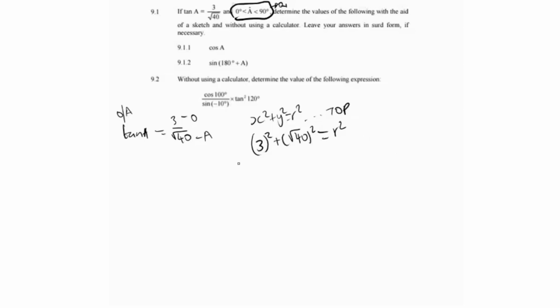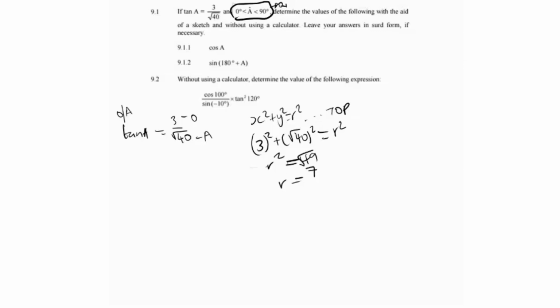The answer will be r squared equals 49. So root of 49, we know that it is equal to 7. So we know that r is equal to 7.